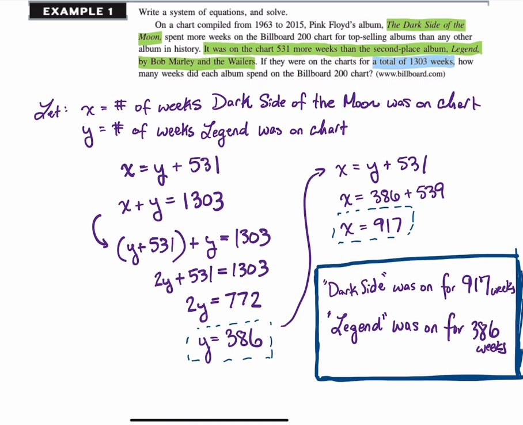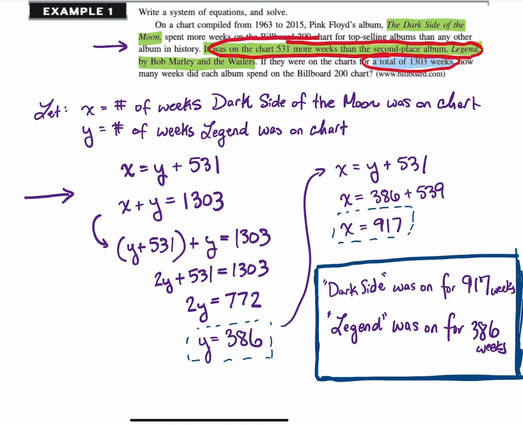So we had to first translate from the word problem into equations, and oftentimes that's the most challenging part. So I'm always looking through the question for something that can be expressed in terms of numbers. A total is usually a good one to use, and then a lot of times something will be described in relation to something else. You see like 531 more than the other one.